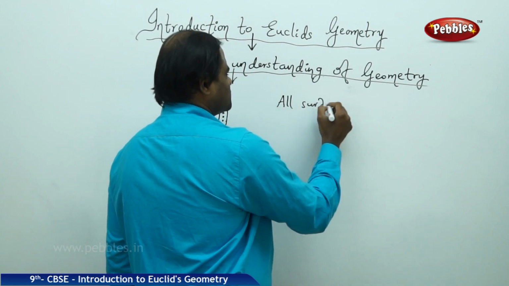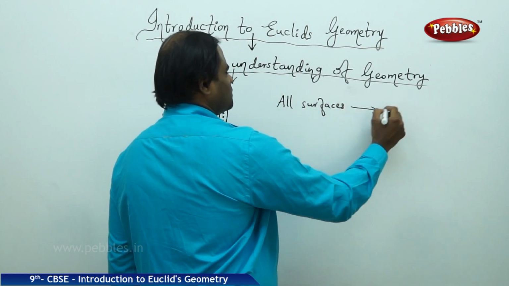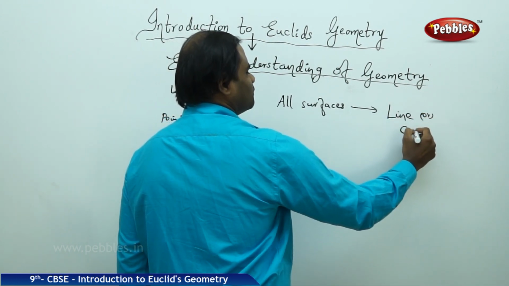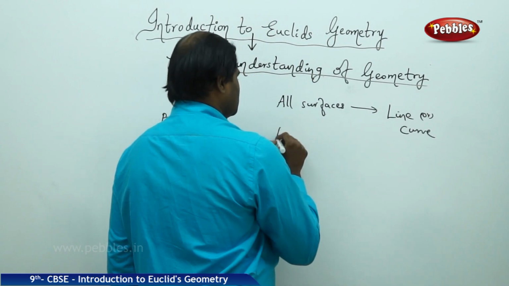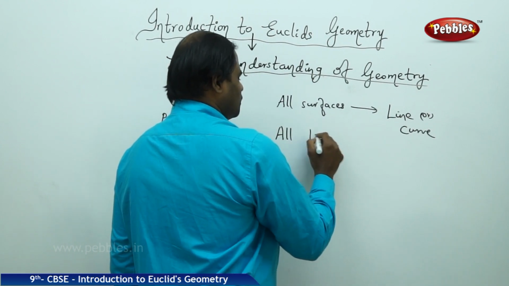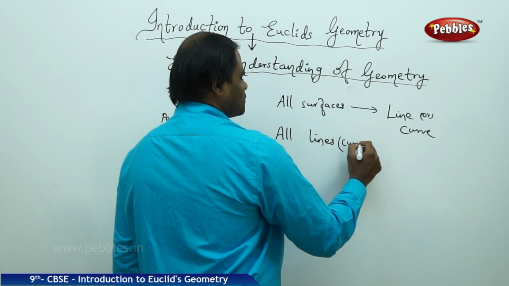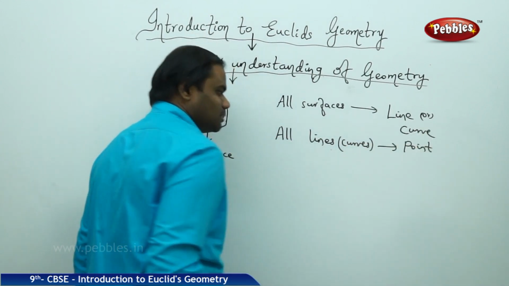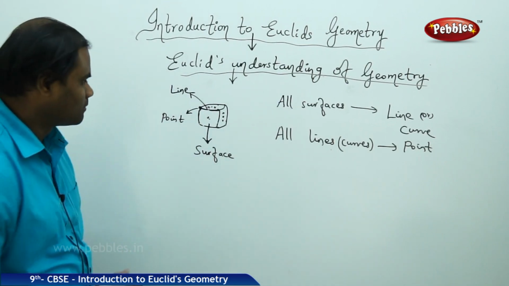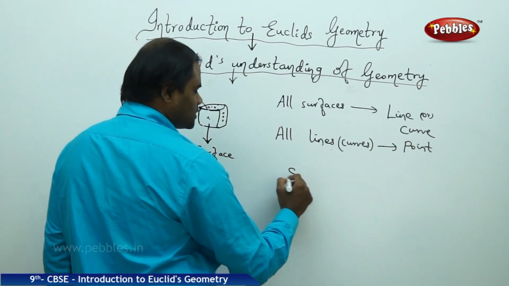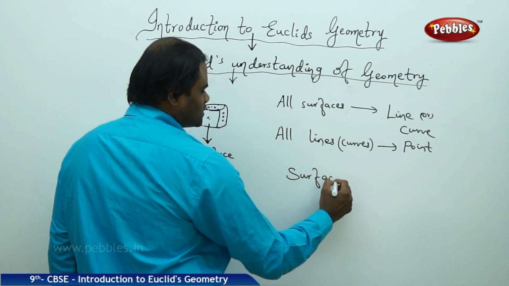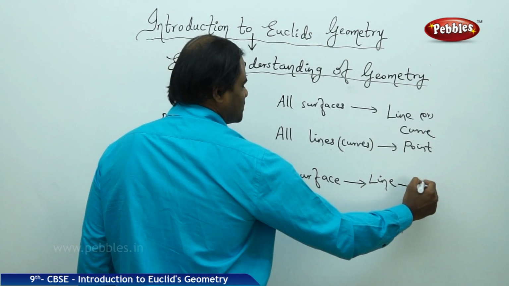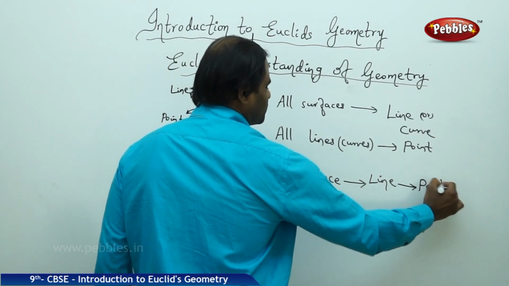So all surfaces make a line or a curve. All lines or curves make a point, is how we understand. And we also understand that it is the surface which makes the line, and it is the lines which make the point.